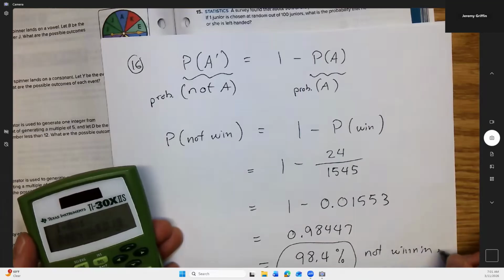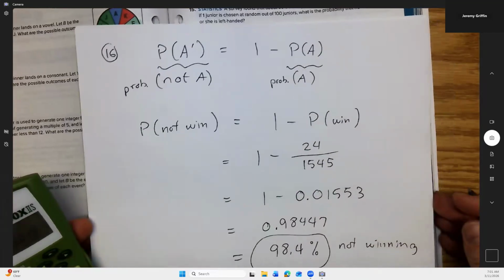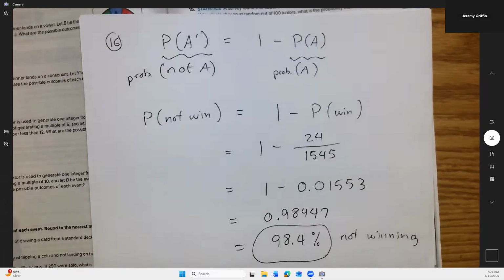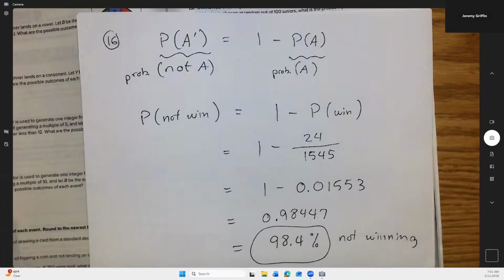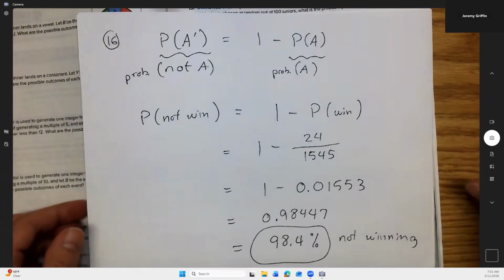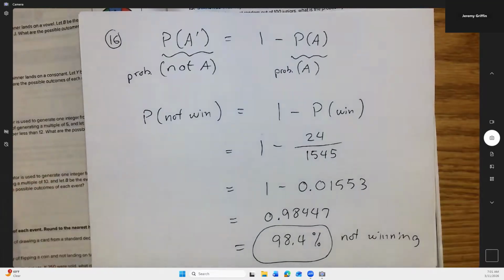Because there are just so many raffle tickets, even though we bought a couple of dozen raffle tickets, there are so many more ways to lose than win. There's only a 1.5% chance of winning, or 98.5% chance of not winning.